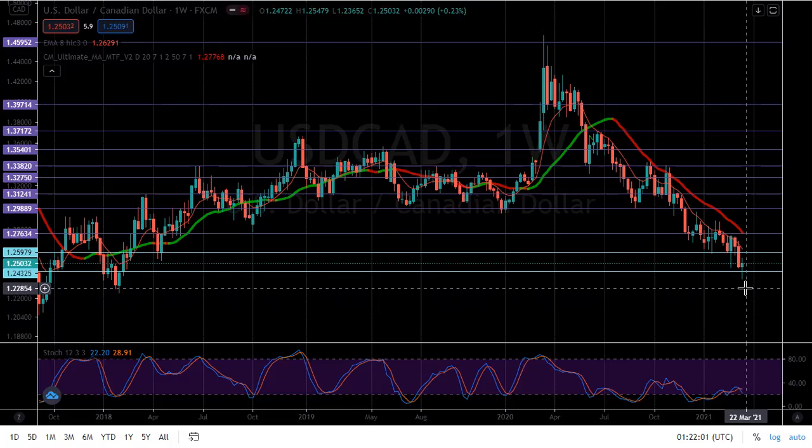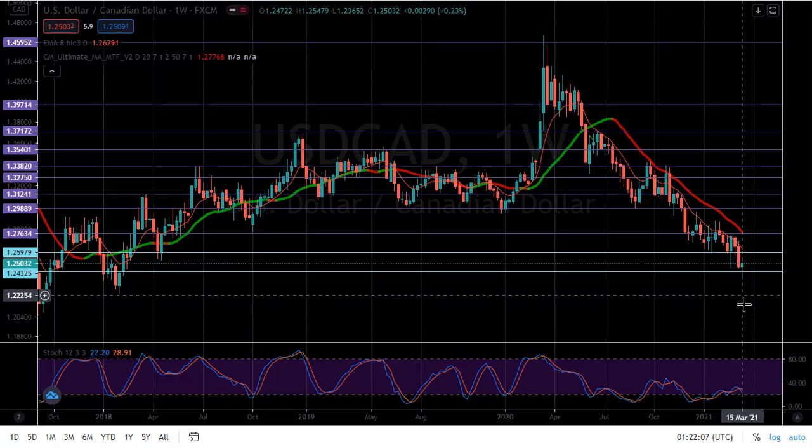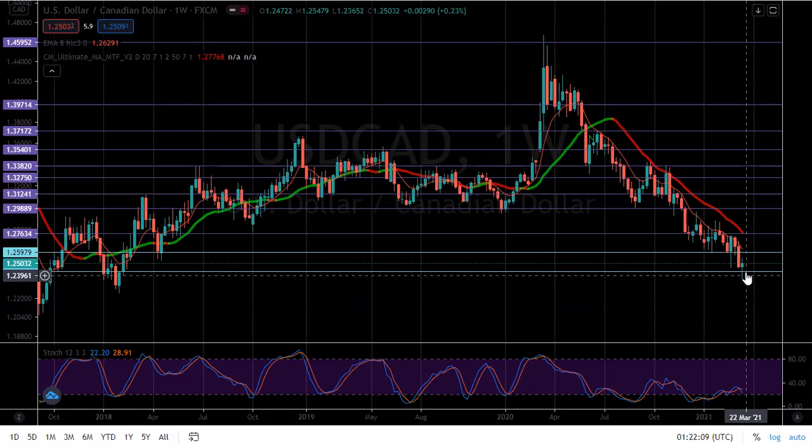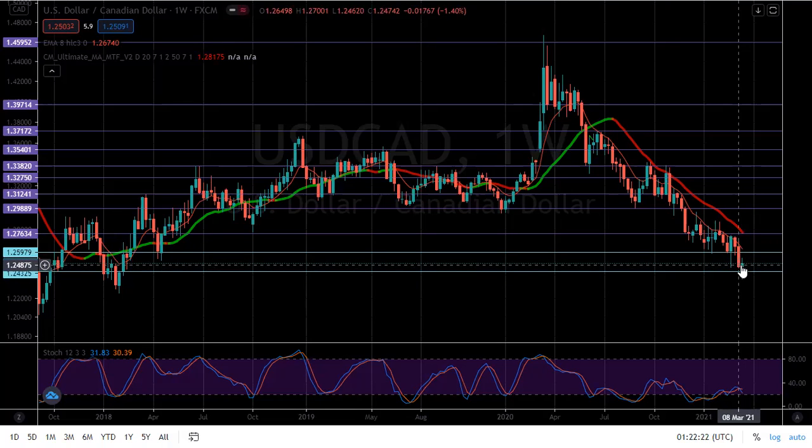Price didn't get quite there, and we just slipped into the 1.2432 area, broke below it, and have closed above that region, and has given us a harami, a bullish harami here, yes, on the weekly time frame.